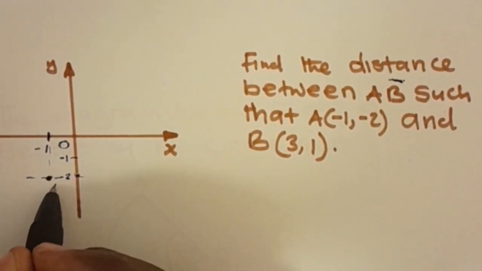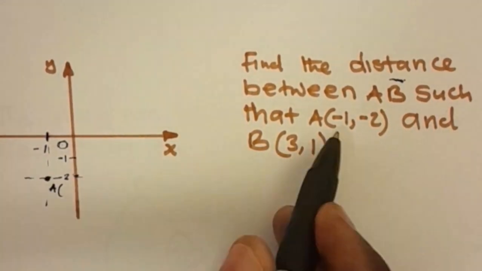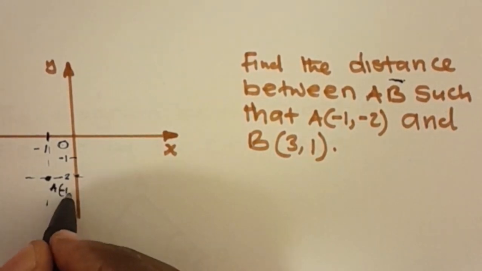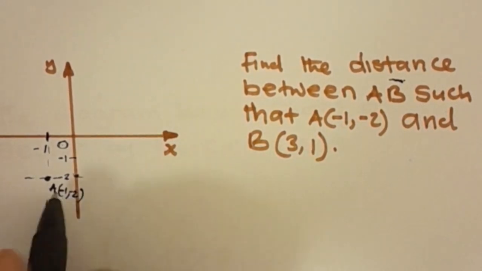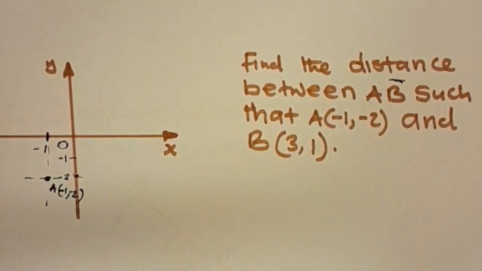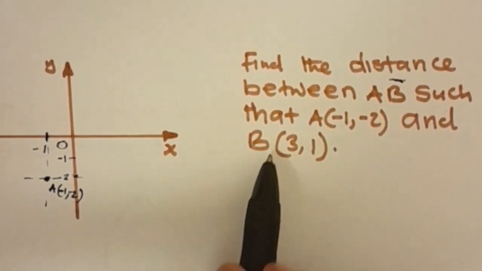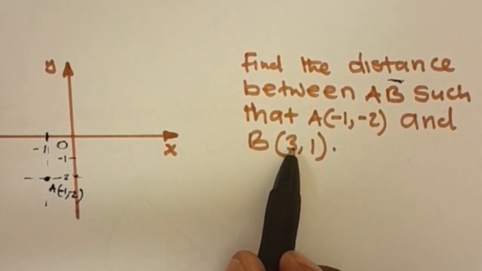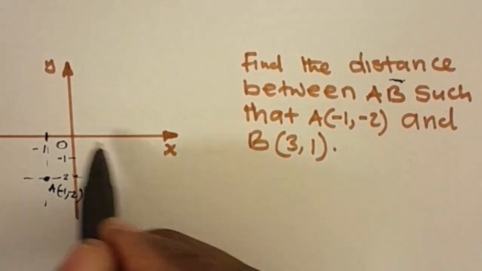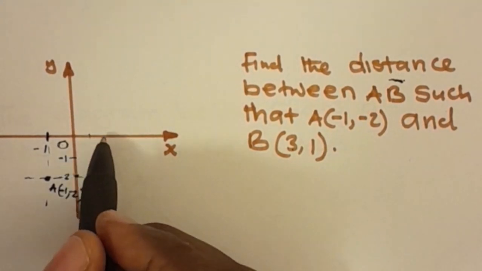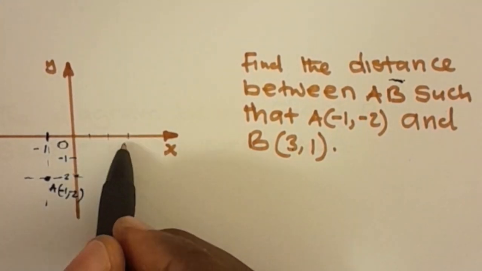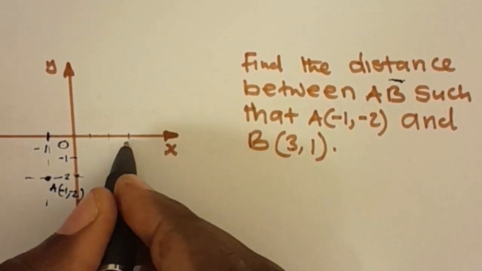So we have A here, which is -1, -2. Now let's locate B as well. B, we have 3 on the x-axis. The x value is 3. So we have 1, 2, 3. So 3 here.